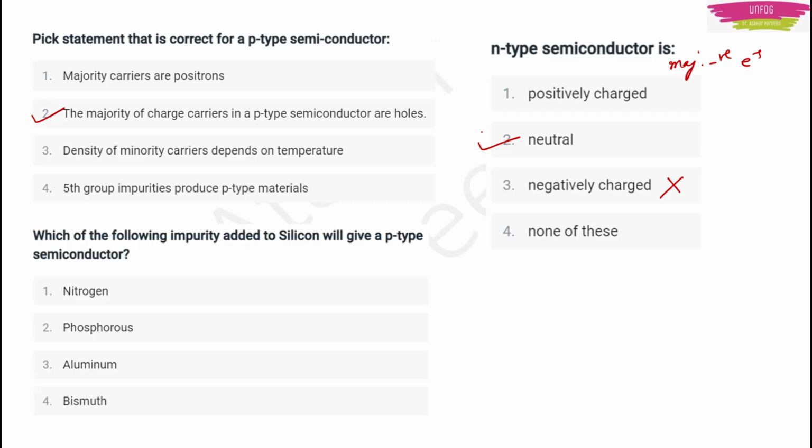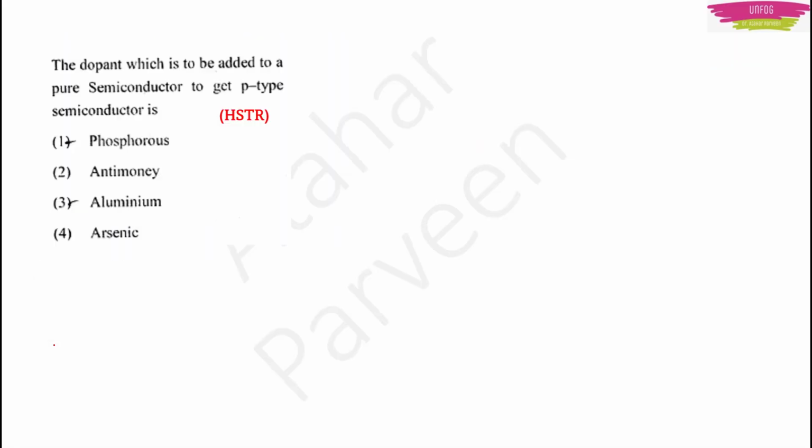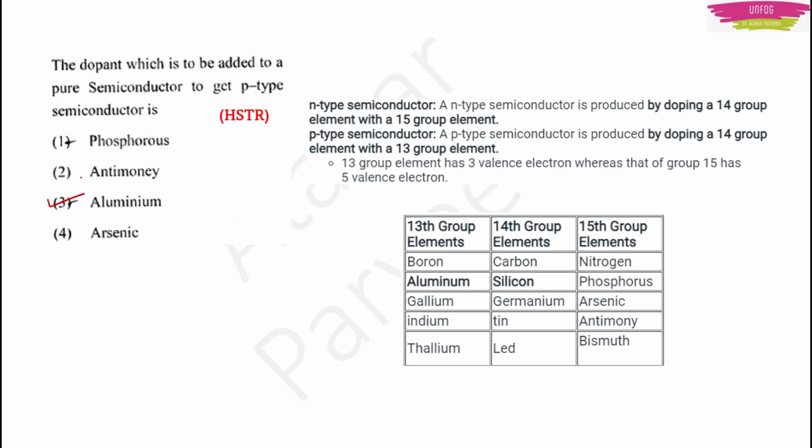Next, which of the following impurities added to silicon will give a P-type semiconductor? What I told you, for a P-type semiconductor, you use trivalent. Trivalent means aluminium. It should be the right answer. Now, this question was asked in HSTR, a similar question: the dopant to be added to a pure semiconductor to get a P-type semiconductor should be aluminium. Now, I am giving you one detailed table to remember this.